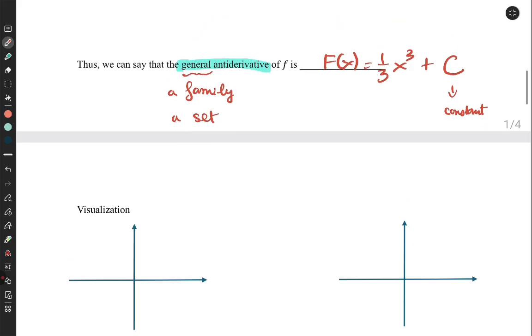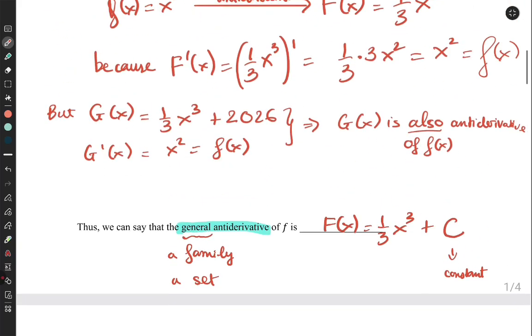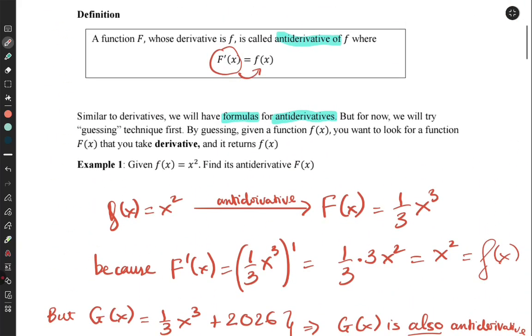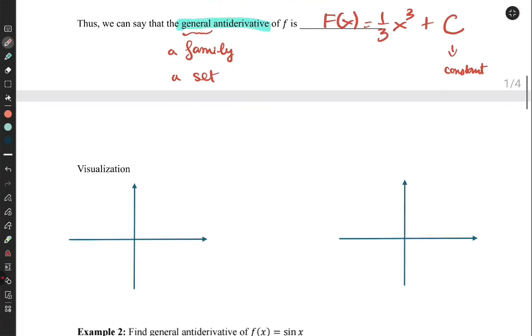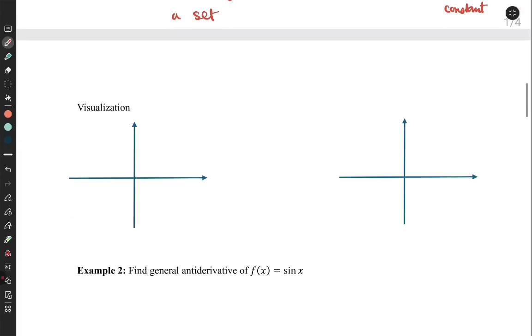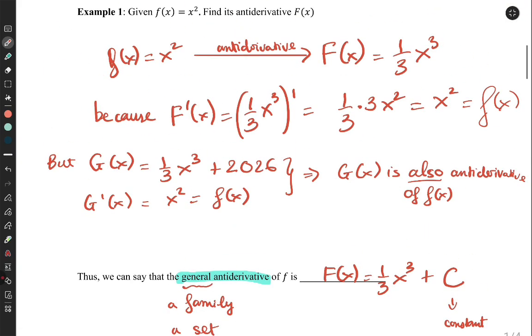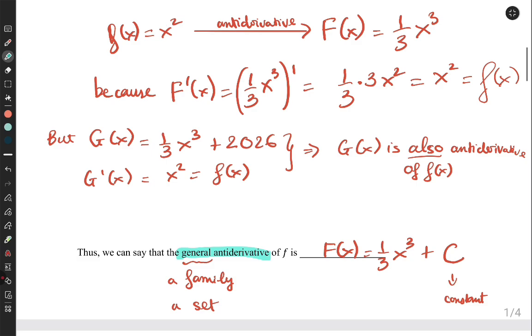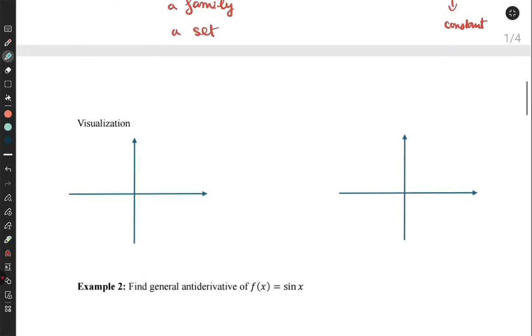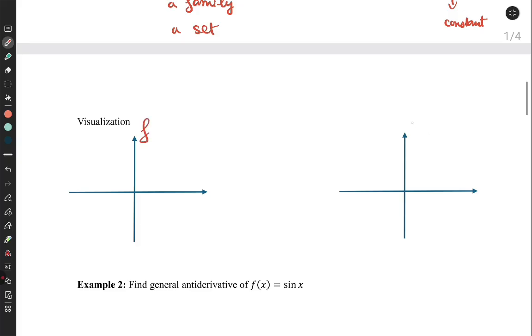Visualization. What am I supposed to visualize? I just wrote this note. I'm supposed to visualize this function. Given x squared, visualize both of them, the lower f and the capital F. So lower f over here, capital F over here.